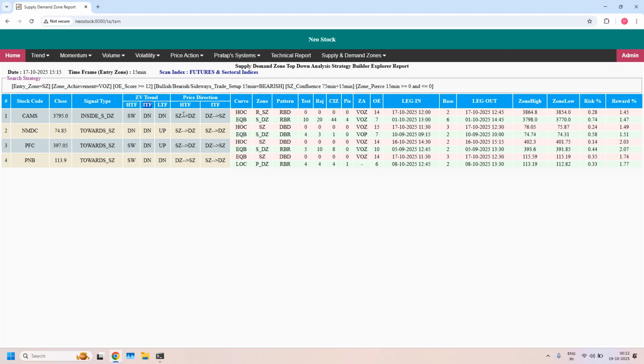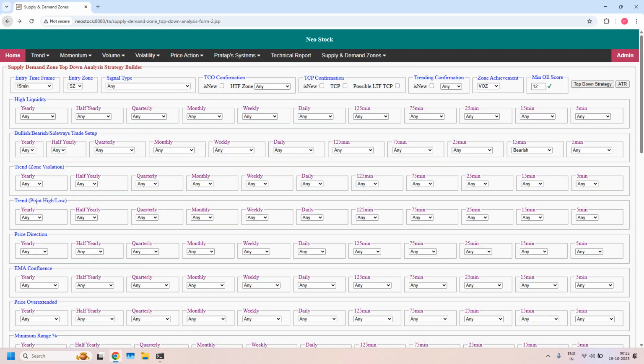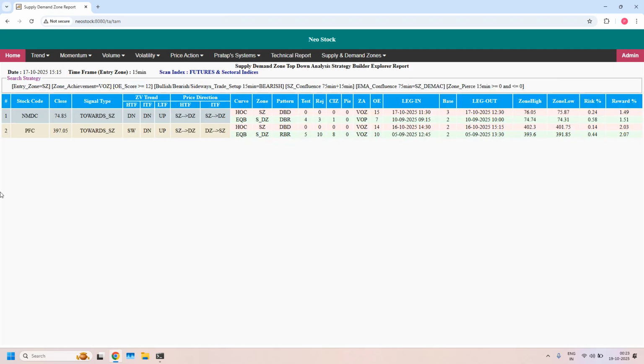Now we are looking for the 75-minute supply zone with daily EMA confluence. Two stocks are filtered. So these two 75-minute supply zones might have more high probability to get success, provided less than 20 checklist items are satisfied, otherwise there are higher chances of zone violation.